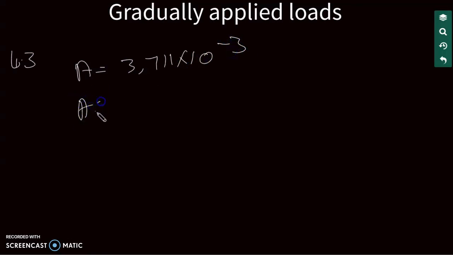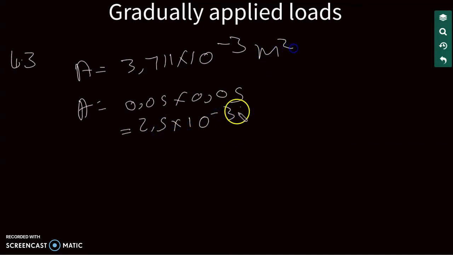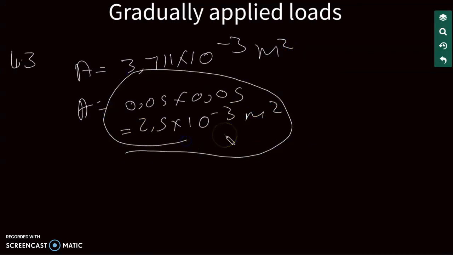The next area that we're going to look at is 0.05 times 0.05, which is the last object, and here we get 2.5 times 10 to the power negative 3 meters squared.